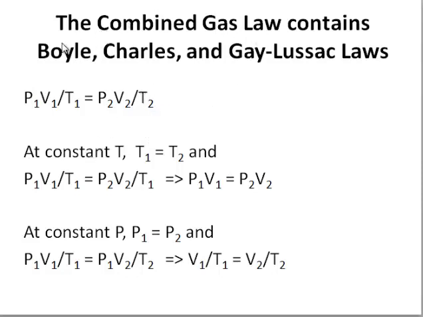So the combined gas law actually covers Boyle's, Charles', and Gay-Lussac laws. And in addition, it allows prediction or calculation of situations in which all three of these variables are changing in the process.